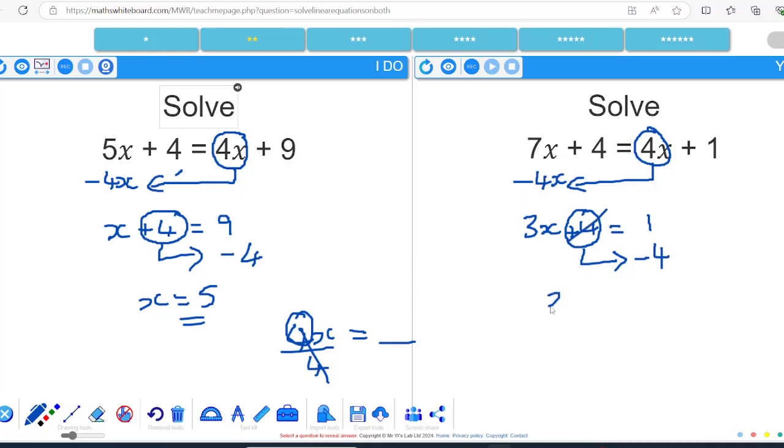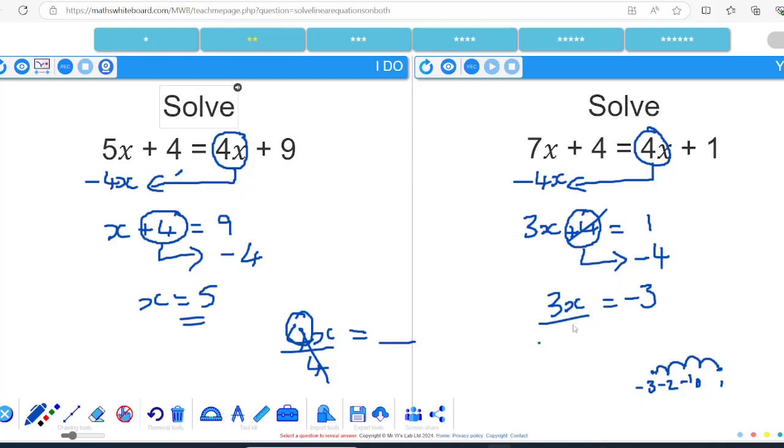So on the left I've now got 3x and I've got 1 subtract 4, so if I start at 1, 0, minus 1, minus 2, minus 3. So my answer would be minus 3.